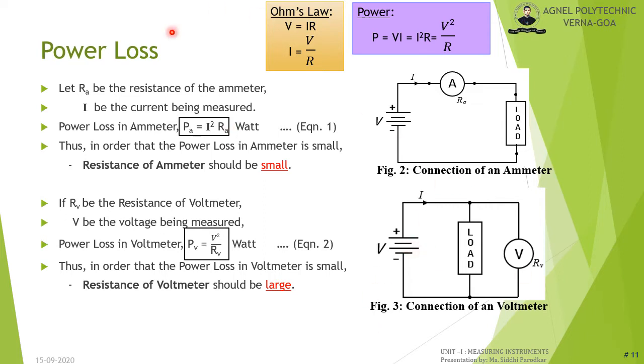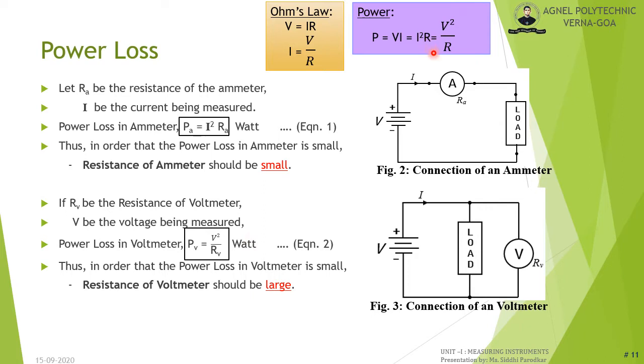Similarly, to measure the voltage across the load, the voltmeter should always be connected in parallel with the load. Thus, the voltage across the load will be equal to the voltage across the voltmeter, that will be equal to V. Current will be I, that is supplied by the source, and the voltmeter will be offering resistance equal to Rv.